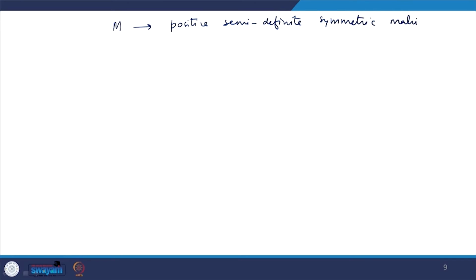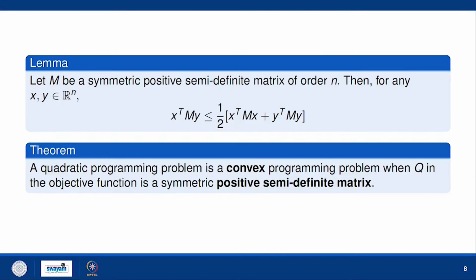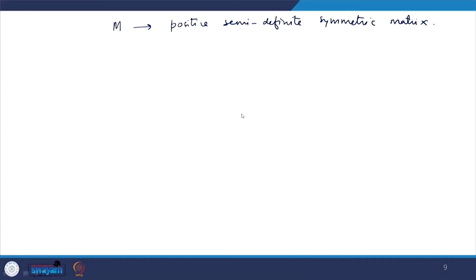We have to show that x transpose M y, for any x, y in R^n, is always less than or equal to 1 by 2 times (x transpose M x plus y transpose M y). If it is a positive semi-definite matrix, then for any x, y in R^n, consider (x minus y) transpose M (x minus y).